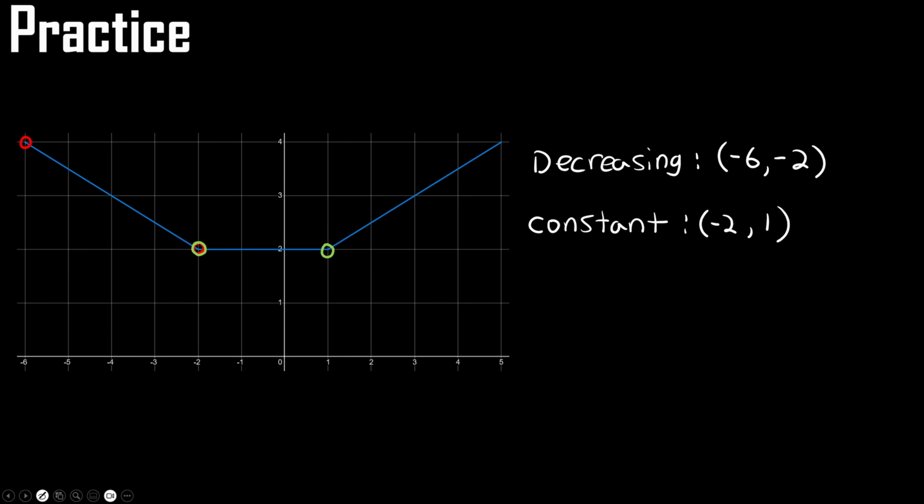And then finally, working left to right, we can see that from 1 to 5, our x values are increasing and so are our y values. So from right here at 1 to 5, we are increasing, on the interval 1, 5.